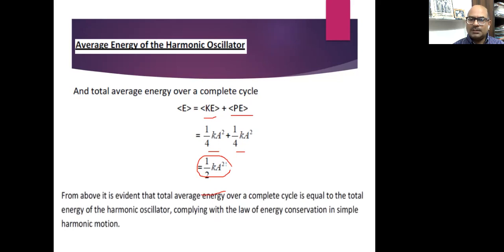This is the total energy. So it is evident that total average energy over a complete cycle is equal to the total energy of the harmonic oscillator. So this is the energy conservation law in simple harmonic motion. So this is in compliance with that. It means that at any moment, the average total energy in simple harmonic motion will be equal to the total energy of the system.